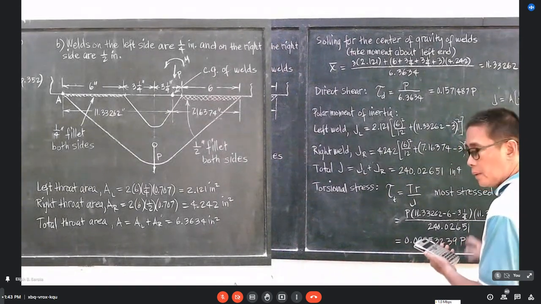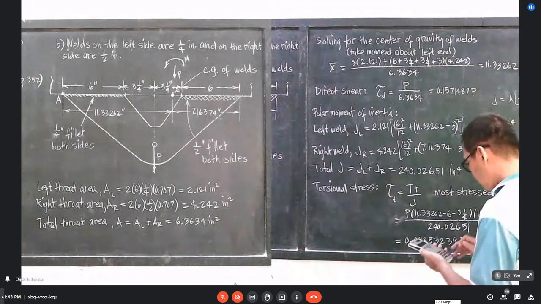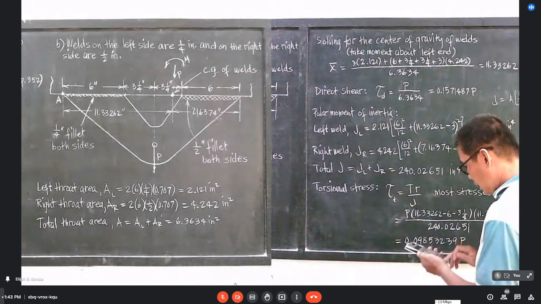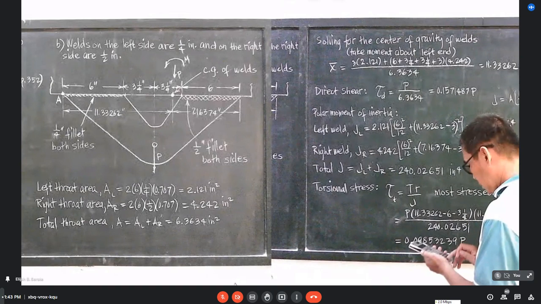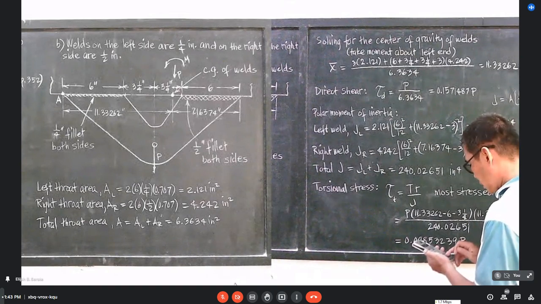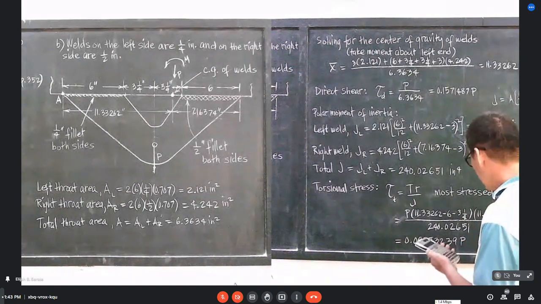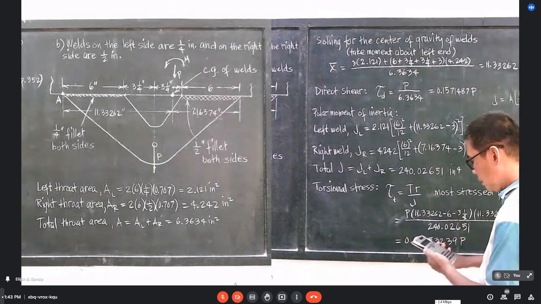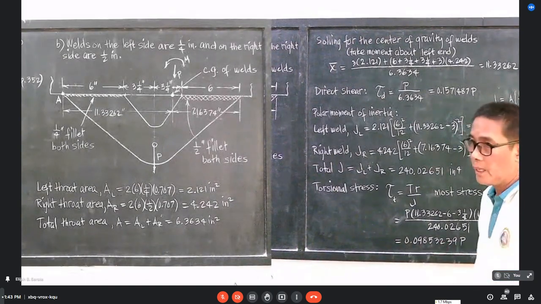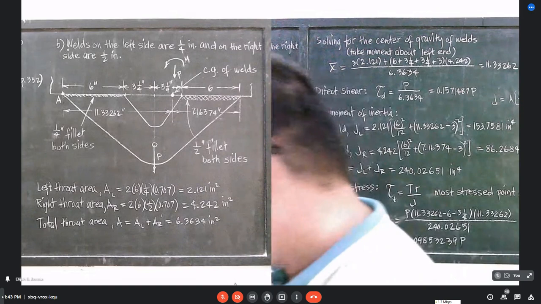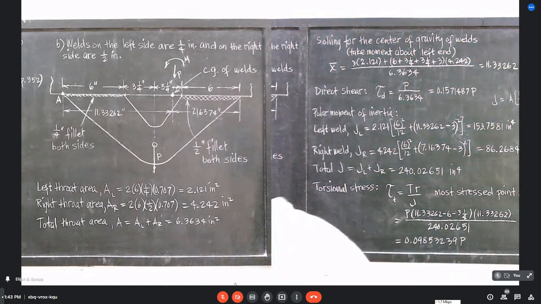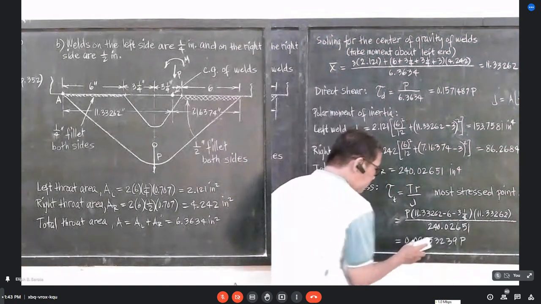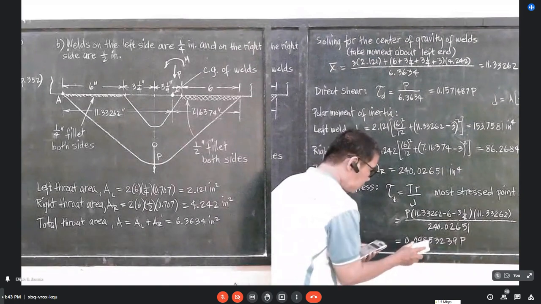It will be 23, divided by 214.02651, 0983 sorry, 0983, 288.